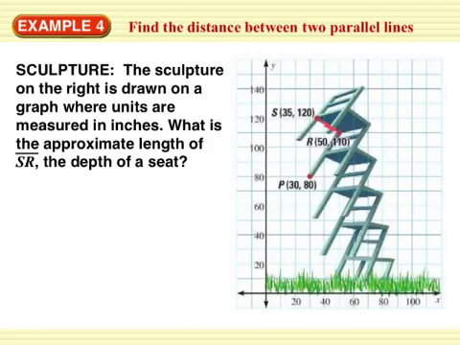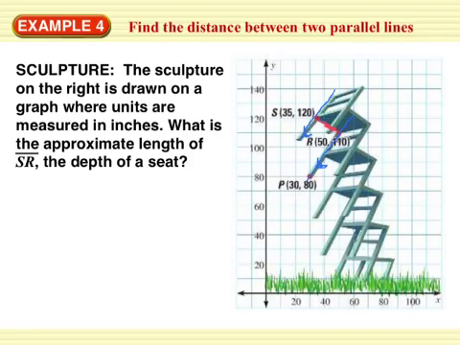I have legs of this chair. There's a leg. Okay. There's a leg. Those legs are parallel. To find the approximate length of the depth of the seat, that's the perpendicular piece.